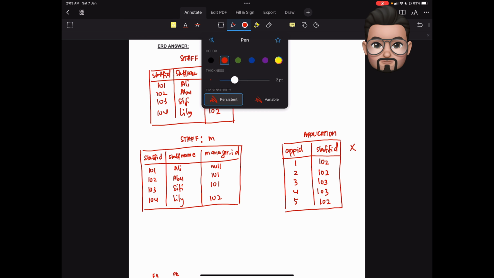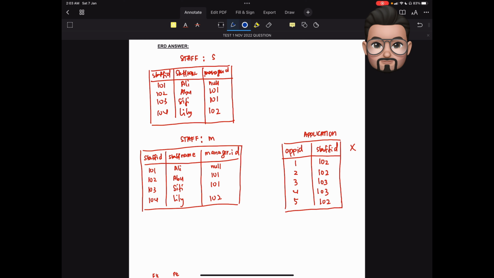Now we should know that manager ID will always refer to the staff ID. Take a look. Ali is null, of course no result for null over here. Abu 101. Where is 101? Over here. What is the name? Ali. So now it is easier to know that the first one is Abu and the manager's name is Ali.